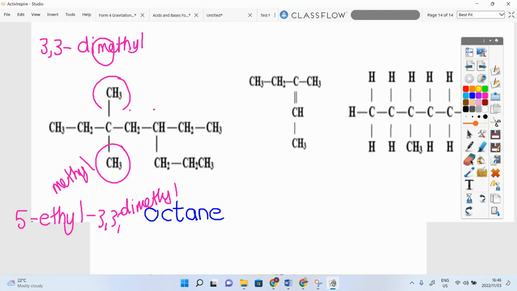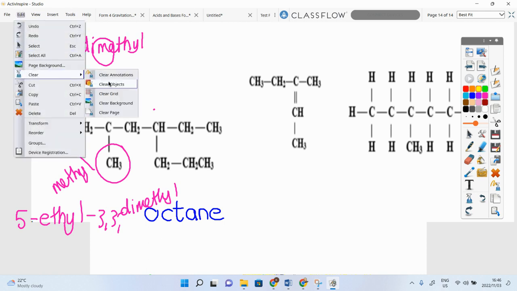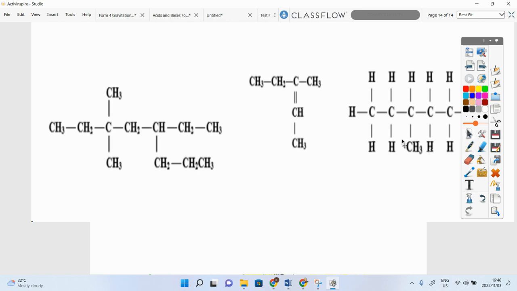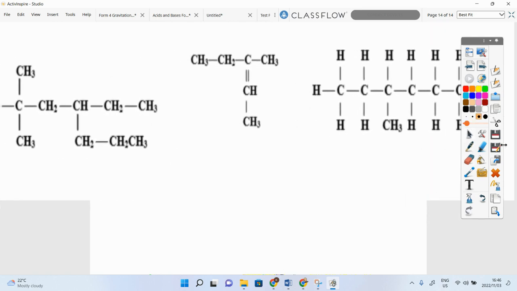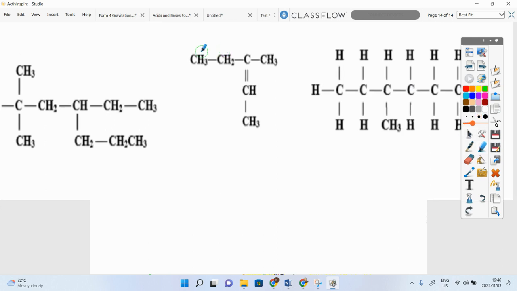Okay, let's try that middle one. Main chain. 1, 2, 3, 4, is that the longest? 1, 2, 3, 4, 5, is that the longest? Yeah.